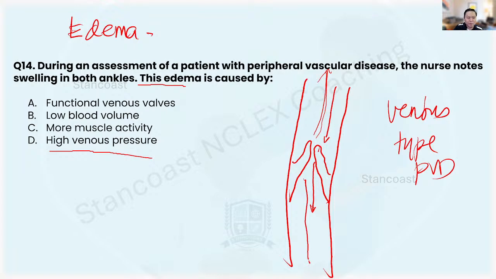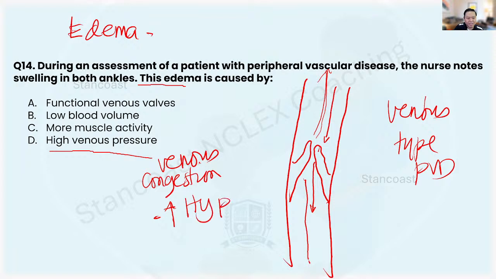And remember, if there is that congestion of blood, it simply means that there is also increased hydrostatic pressure. It can lead to that swelling because of the increasing hydrostatic pressure.